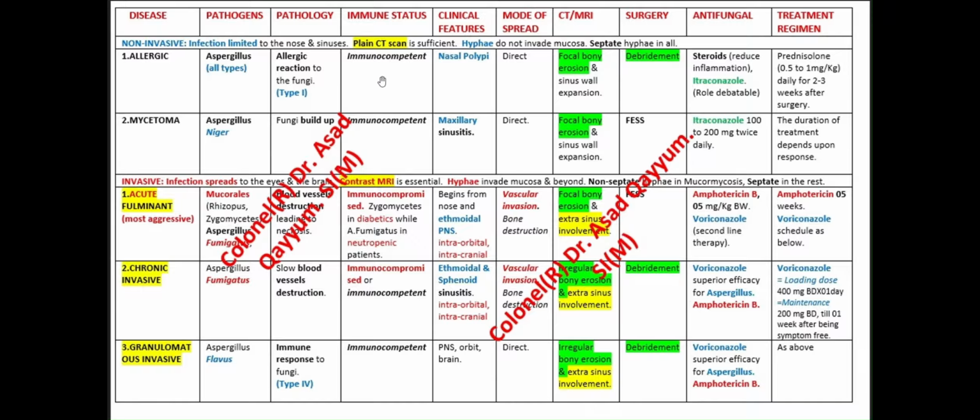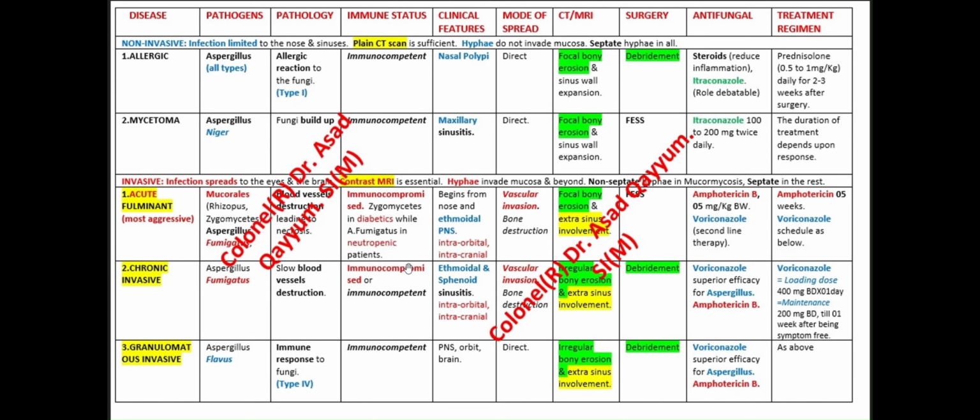Immune status: allergic and mycetoma, immunocompetent. Coming towards the acute fulminant type, it infects immunocompromised individuals. Zygomycetes are found in the diabetics, while Aspergillus fumigatus in the neutropenic patients.